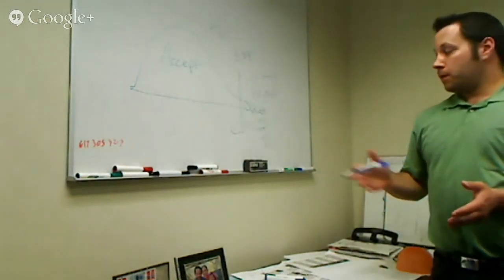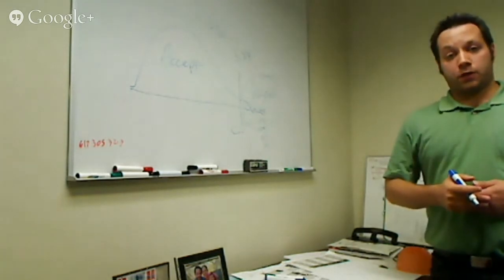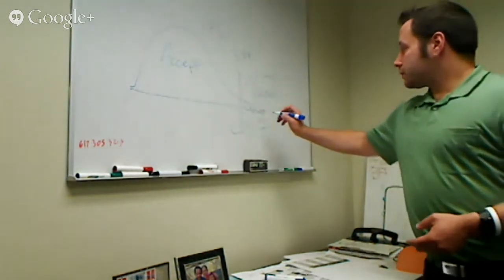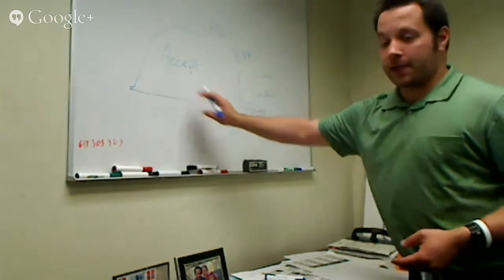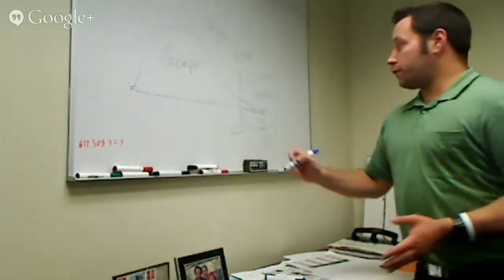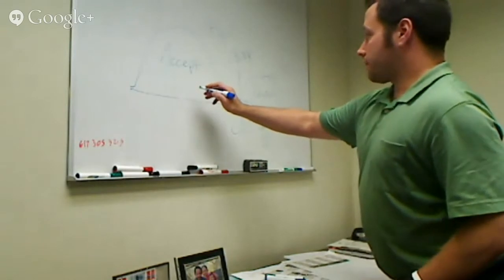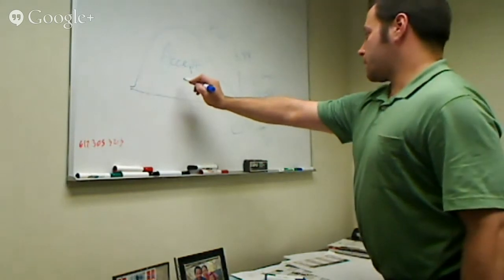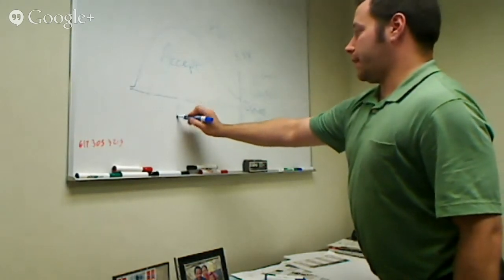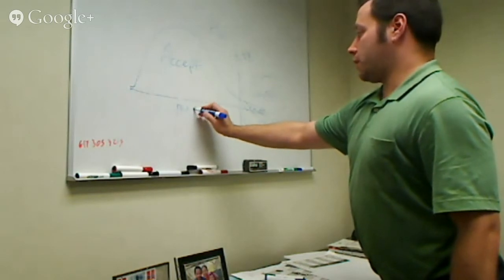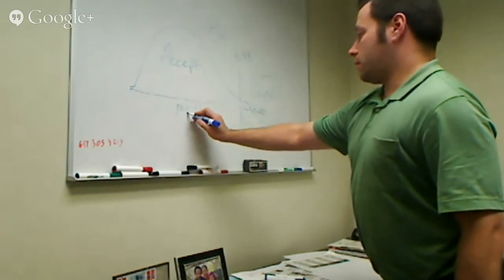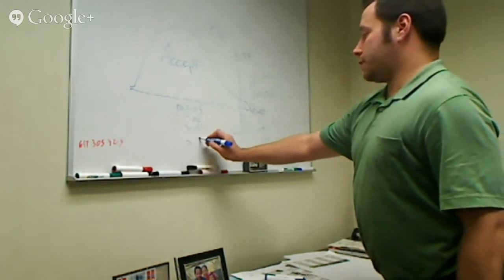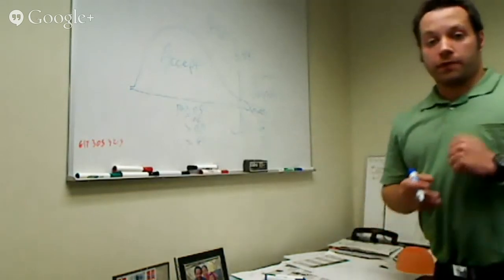What does that mean logically for accepting the null hypothesis? Well, that means anything on this side would be greater than 0.05. So p is greater than 0.05: 0.06, 0.07, 0.61, and so forth.